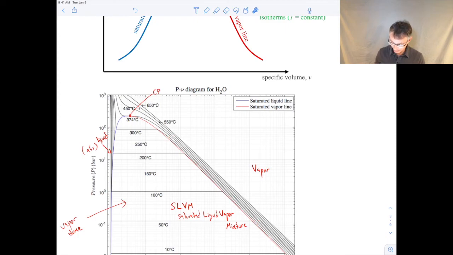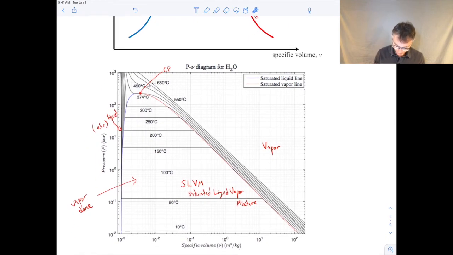So those lines represent, on the blue line, it's right at the boundary between liquid and a liquid vapor mixture region, but it's still 100% liquid. Okay, so it's just saturated liquid. It's almost liquid and vapor, but it's just right at the boundary, but it's still 100% liquid.